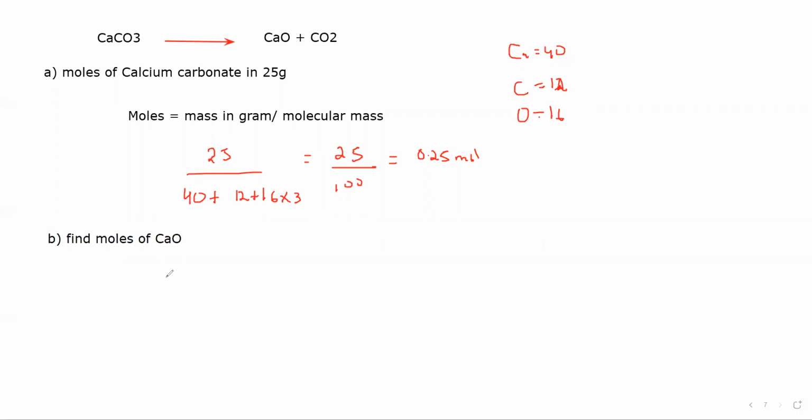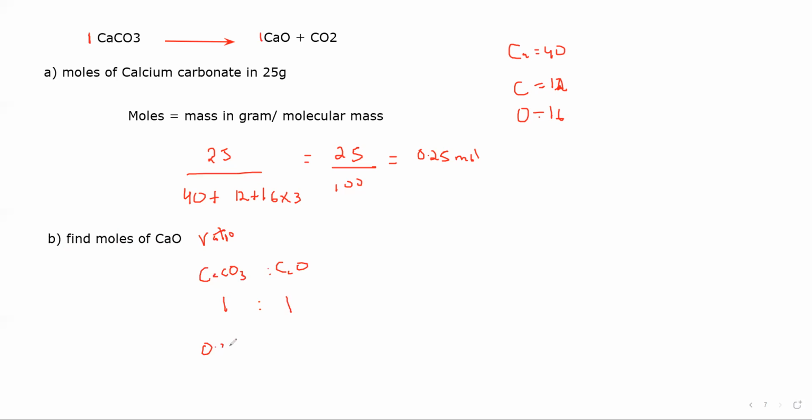Because no information is given related to calcium oxide, you will use a ratio. Now how to use a ratio? Because calcium carbonate is given, the ratio between calcium carbonate and calcium oxide, when you check the equation, nothing is written, it means 1. So the ratio between them is 1:1.